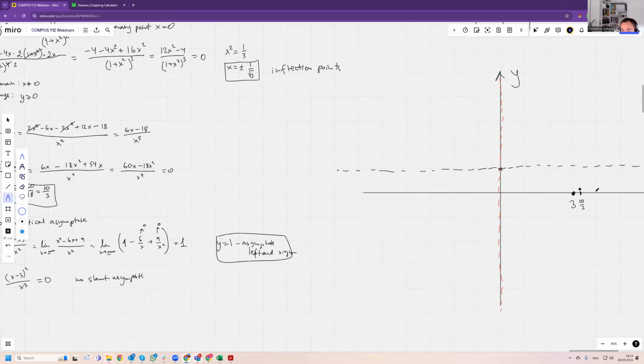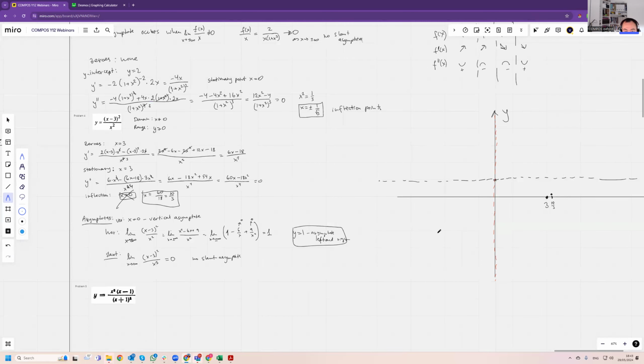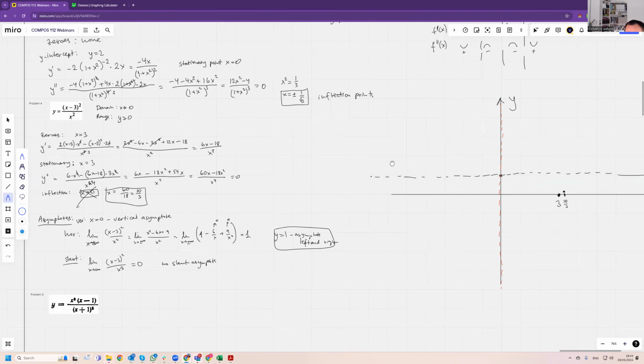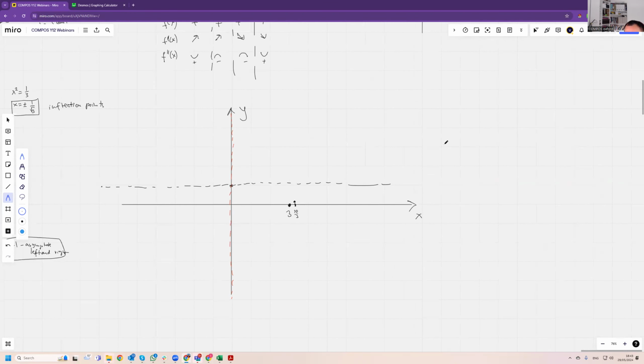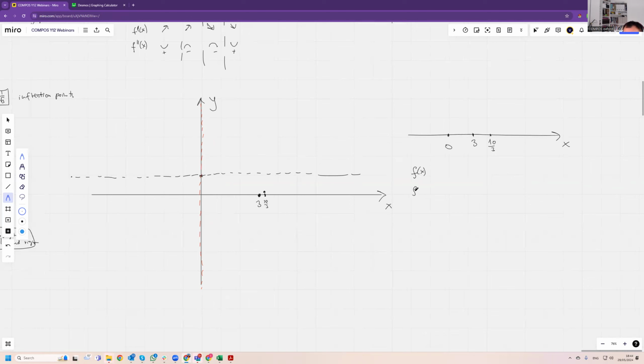Ah, okay, that's starting to make sense to me now. So we found the inflection point. That's a stationary point, probably a minimum. So what we do is we draw the table: 0, 3, 10/3, those are the interesting points. We start with f of x, and f double prime of x. We draw a table.